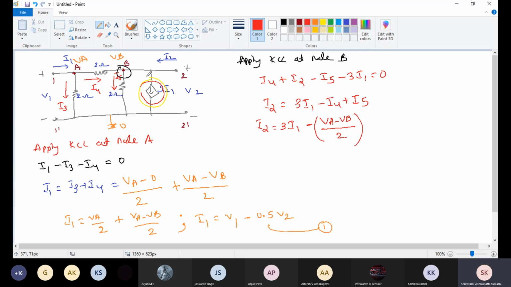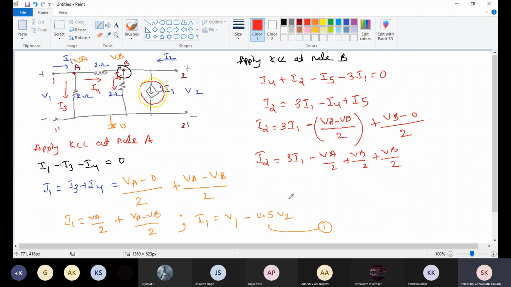Then I5: VB minus 0 by 2. After simplifying this, I2 equals 3I1 minus VA by 2 plus VB by 2 plus VB by 2.